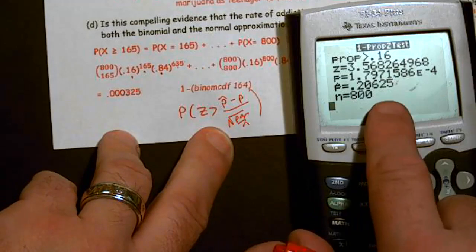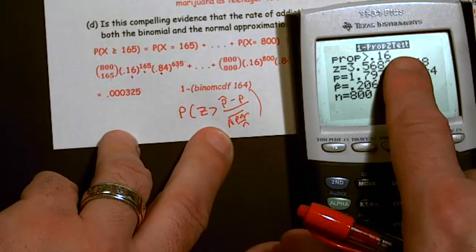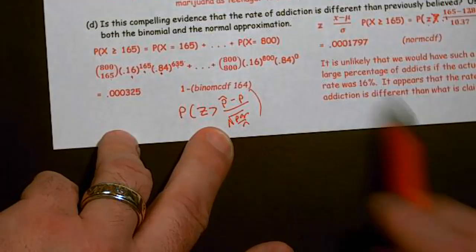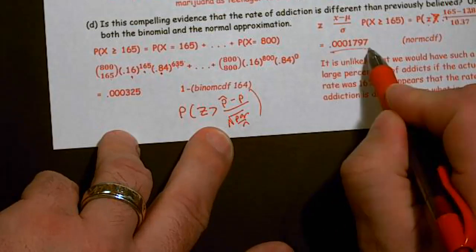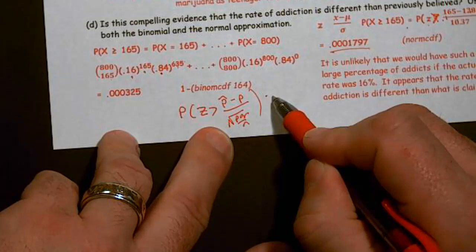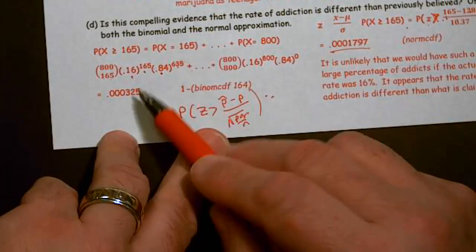So there's 20% versus the 16% claim, and that's where we get our difference from. Sorry for the mistakes, but basically here's the deal. Either working with a mean or with proportions is going to give you exactly the same result. They are going to be different from the binomial.